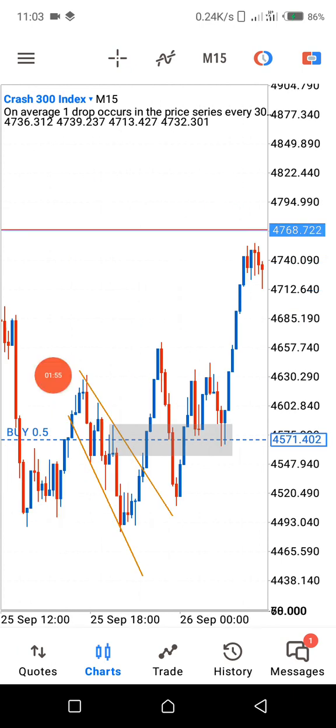So this is the W pattern, this is the first leg. I've done a separate video on this Crash 300, where I gave 2 examples in which you have the first leg, then the second leg just formed immediately with a single move to the downside.